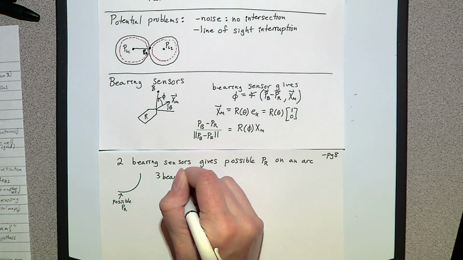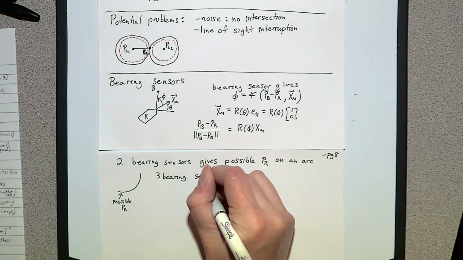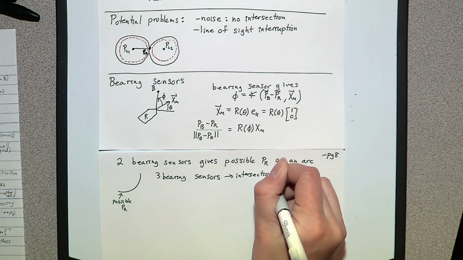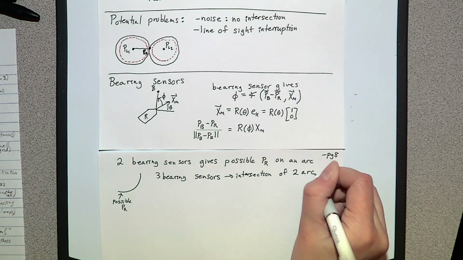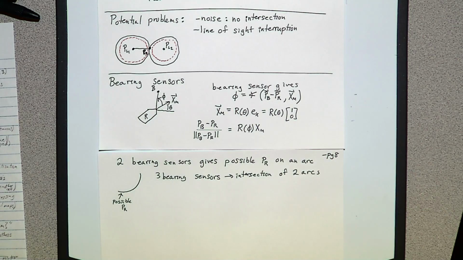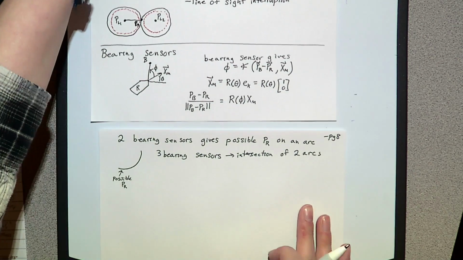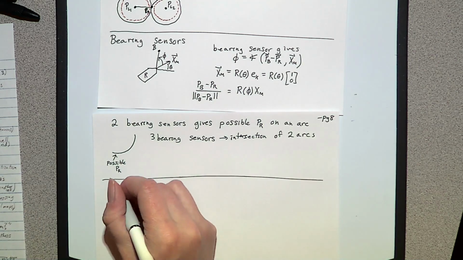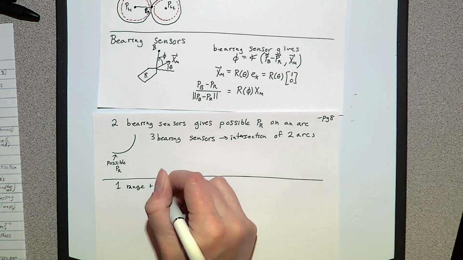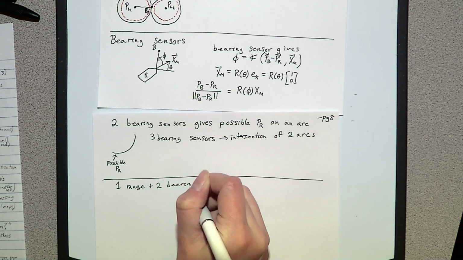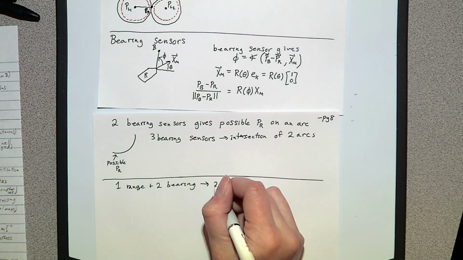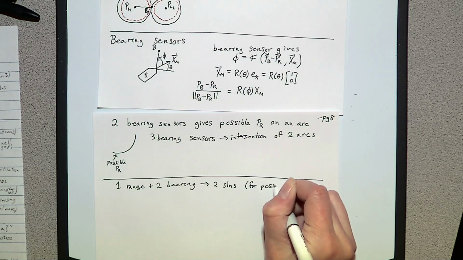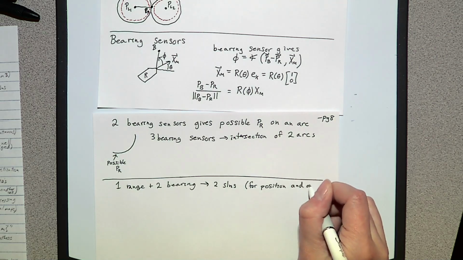If you have three bearing sensors, then you're looking at the intersection of two arcs. If you have a combination of bearing and range sensors, one range and two bearing will actually give you two solutions for position and orientation.